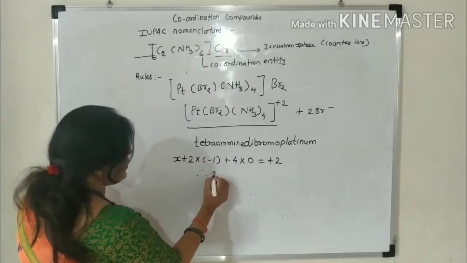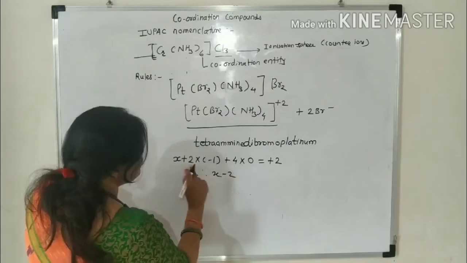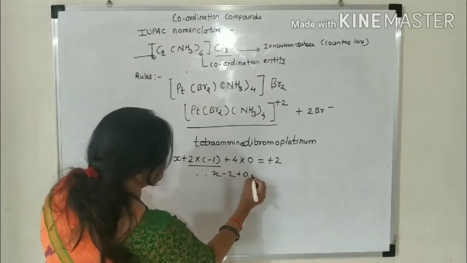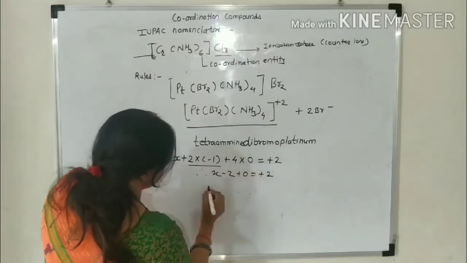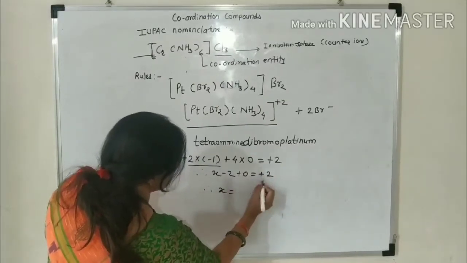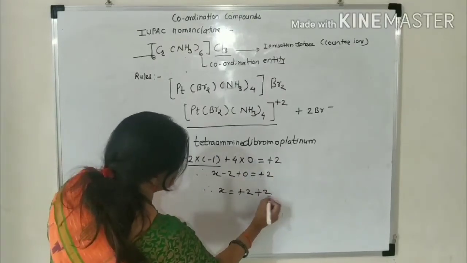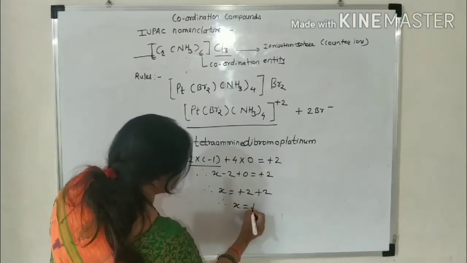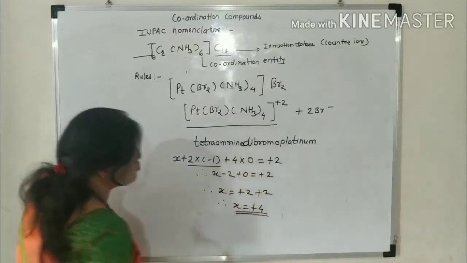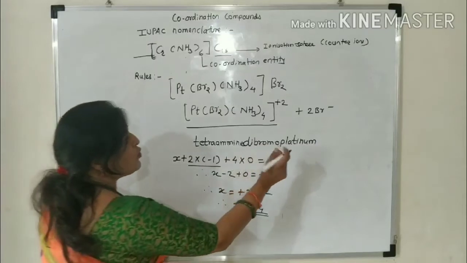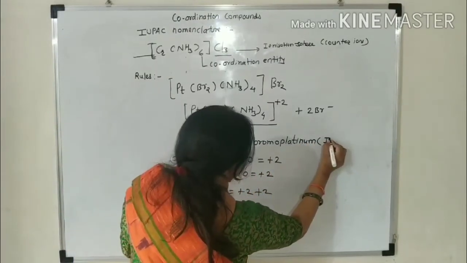Therefore X minus 2 plus 0 equals plus 2. Therefore X equals plus 2, this -2 becomes plus 2 on this side. Therefore X equals plus 4. Oxidation state of the platinum here is plus 4. You should write it in Roman numeral, that is IV.